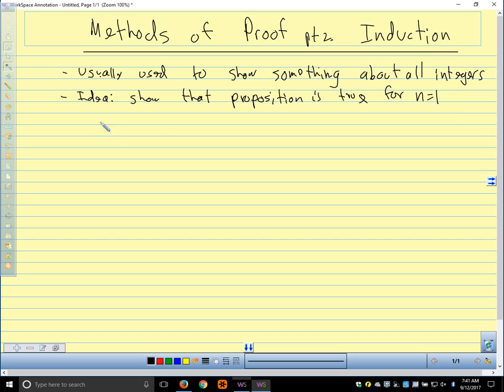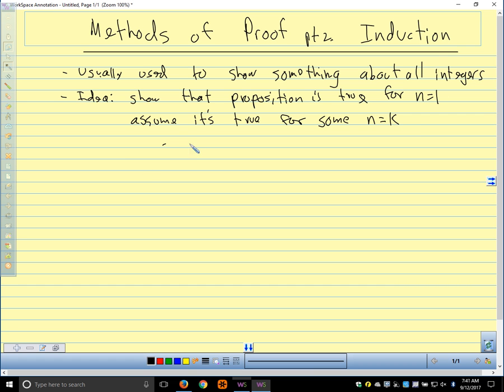And then you assume it's true for some other n. So you show it's true for the first case, and then you assume it's true for some other case.